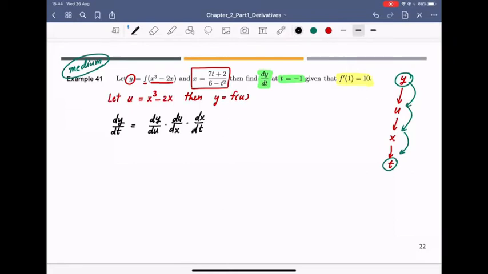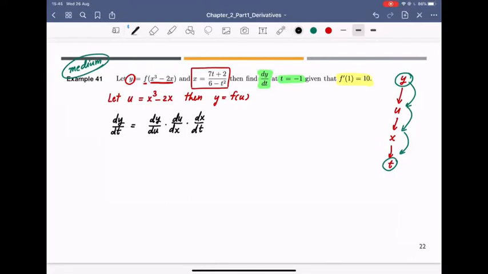This is the chain rule. But in the original question, the variable u is not given. You just construct it to make your work a lot easier. Otherwise, you have to keep the notation x cubed minus 2x, which is a bit hard.